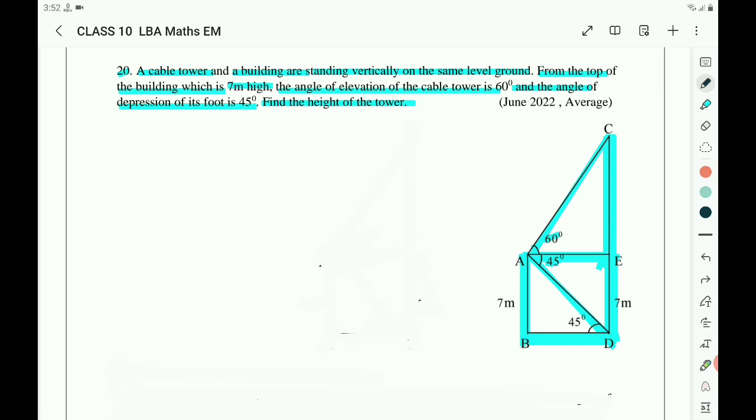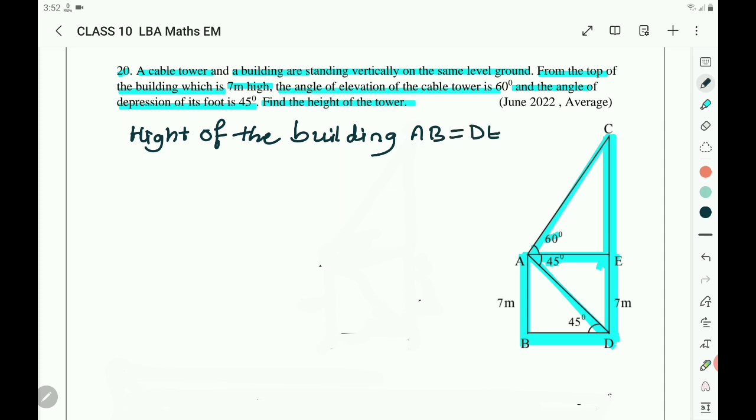Then you write the height of the building AB equals DE equals 7 meter.